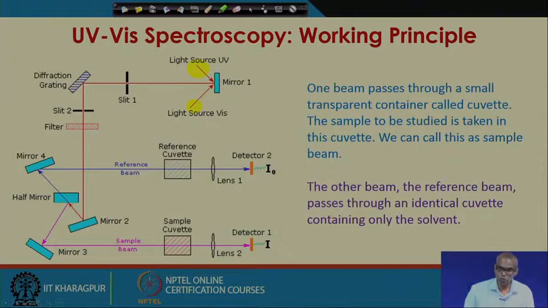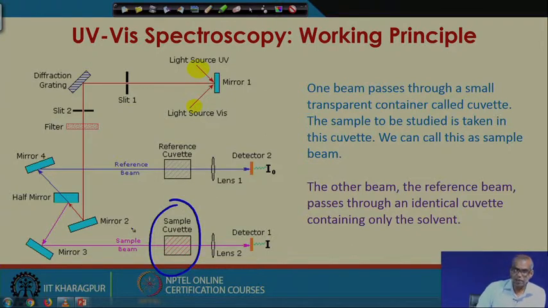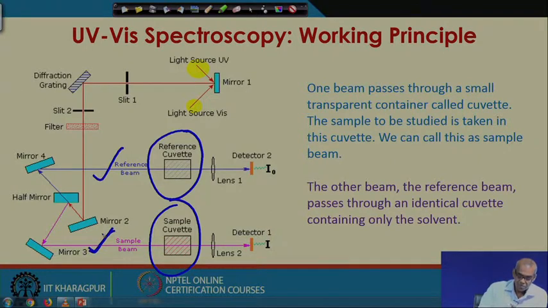One beam passes through a small transparent container called a cuvette. So, this is the cuvette where you have taken the sample. The other beam passes through an identical cuvette, but this cuvette contains only the solvent. So, one beam passes through the cuvette where I have taken the sample which needs to be studied.